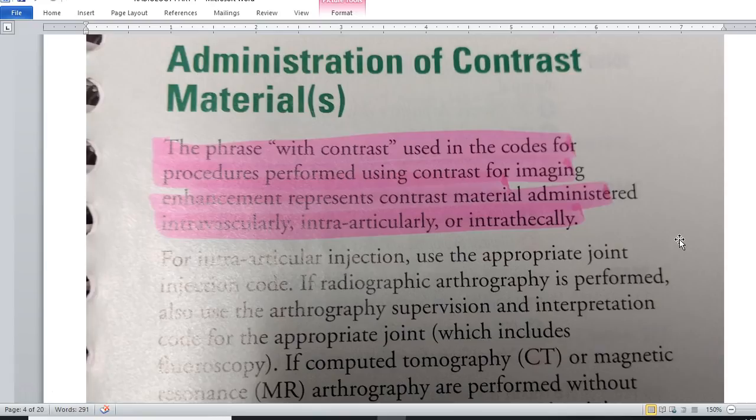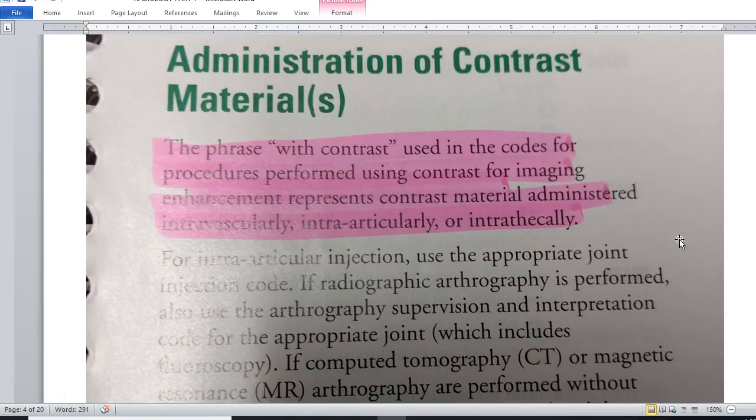Okay? So, intravascularly, into a vessel, usually a vein, intraarticularly, in a joint of some sort, a knee, a shoulder, a hip, or intrathecally. Intrathecally, keep in mind we're talking about going up towards the brainstem and the spinal cord, okay?